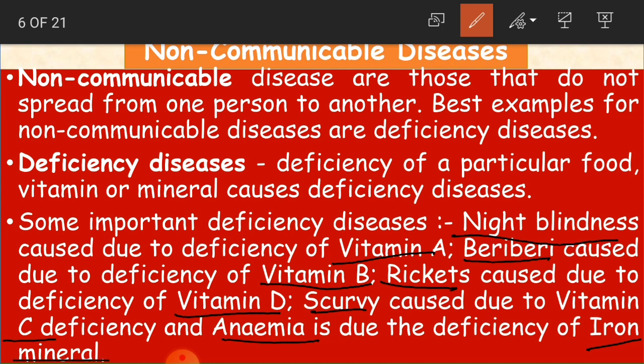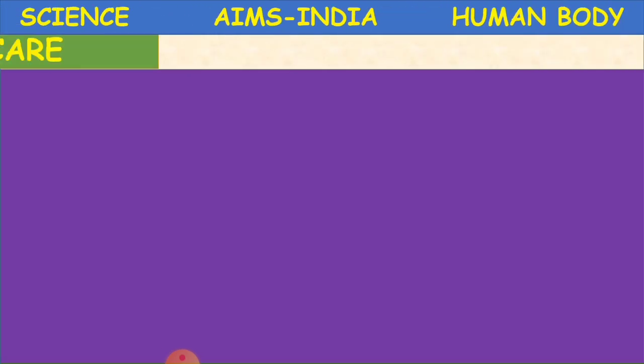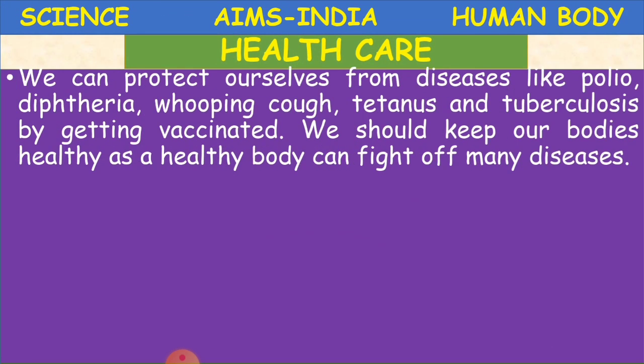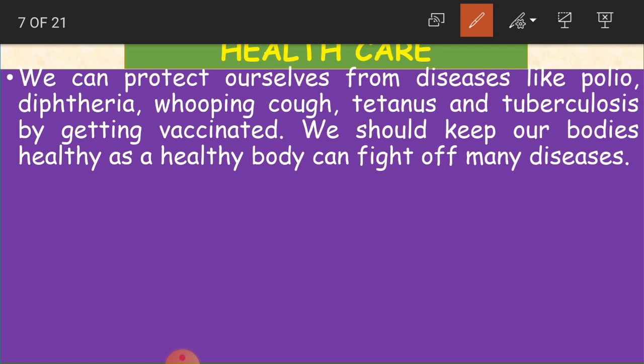Okay, children. So we can protect ourselves from diseases like polio, diphtheria, whooping cough, tetanus and tuberculosis by getting vaccinated. Okay, as we said, what type of diseases are polio, diphtheria, whooping cough, children?